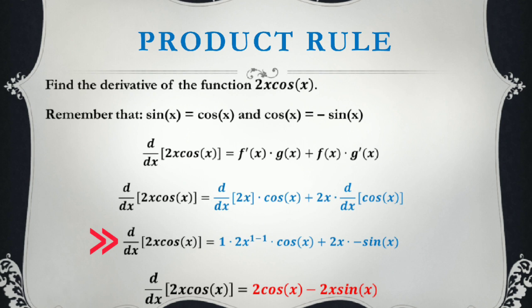So, the derivative of 2x is 2, multiplied by cosine x, we will have 2 cosine x plus 2x times negative sine x. We have negative 2x sine x. Now, we have the result, which is 2 cosine x minus 2x sine x.